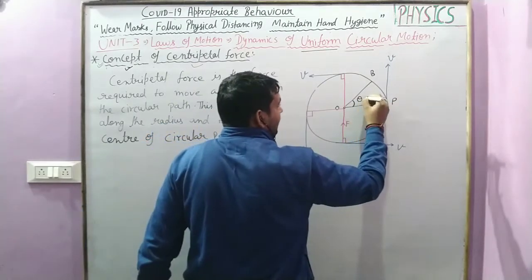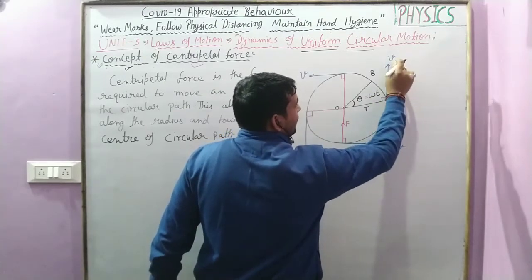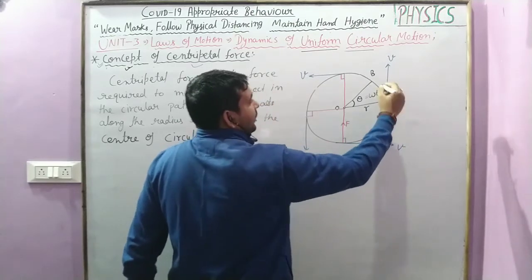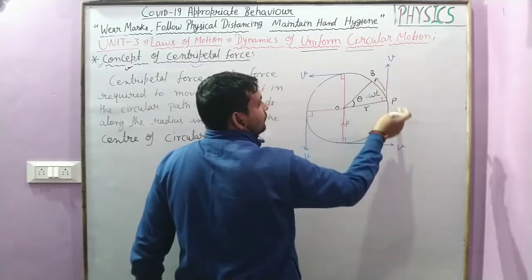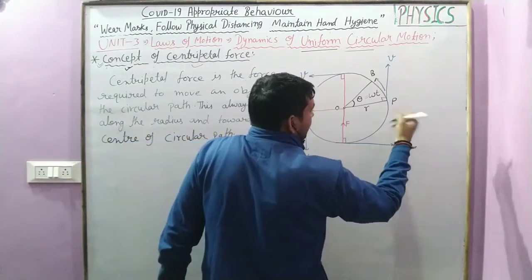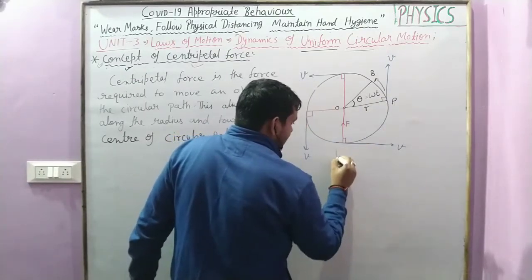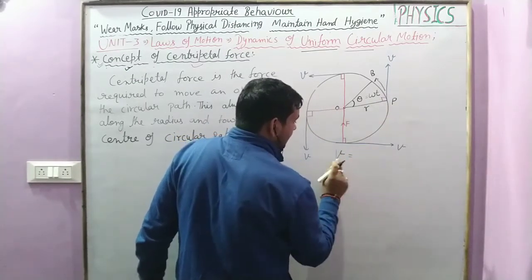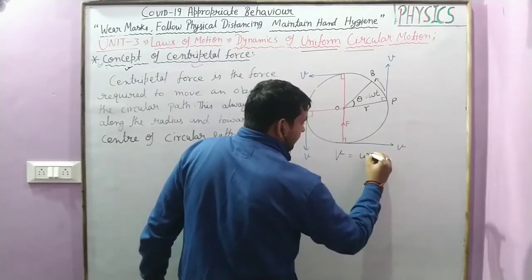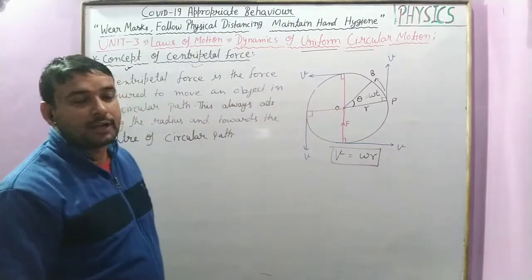This angle is equal to omega t, and this v is the linear velocity at point P and the object is moving towards B. In circular motion, the linear velocity is linked with the angular velocity by the relation v = omega r.